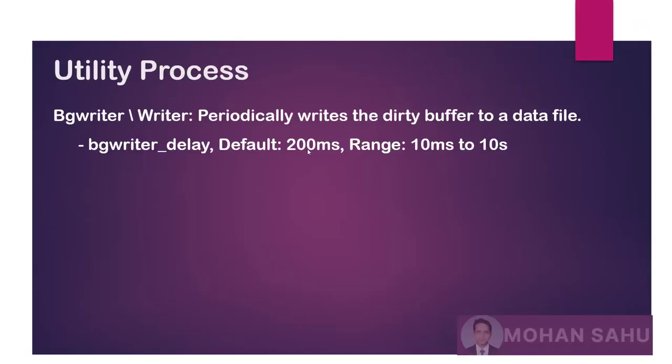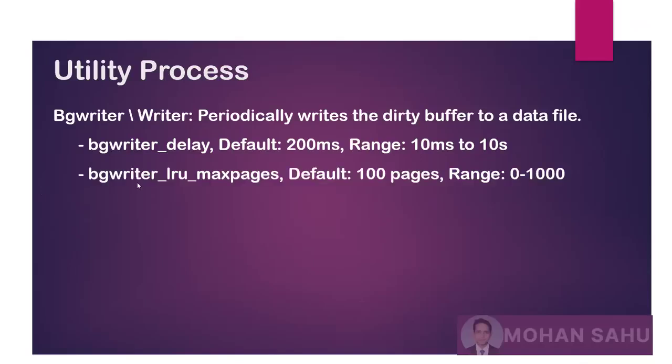The default value is 200 milliseconds, and it can range from 10 milliseconds to 10 seconds. Another one is bgwriter_lru_maxpages. LRU means least recently used. This is by default 100 pages and the range is 0 to 1000. It defines the maximum number of pages it can write from the buffer to the disk.